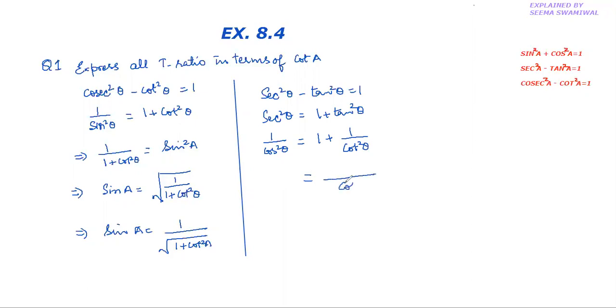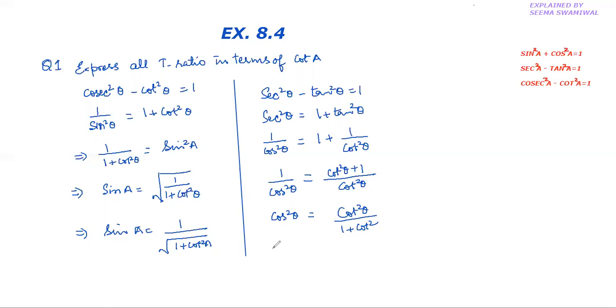So this will become cot square theta plus 1 upon cot square theta, and this is 1 upon cos square theta. Take reciprocal on both sides. So cos square theta is equal to cot square theta upon 1 plus cot square theta.